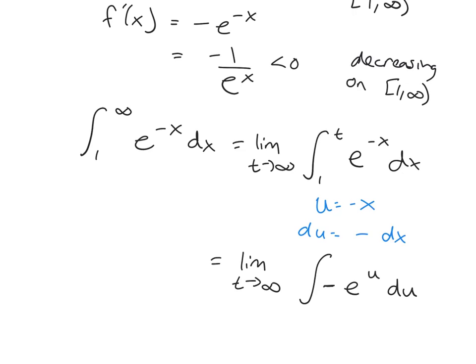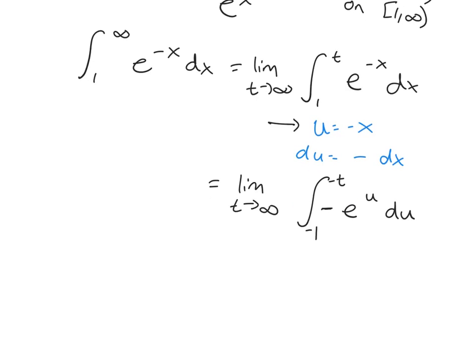So what are my new numbers? 1 becomes a negative 1. And then t becomes negative t. Okay? You're taking this substitution and you're plugging in these values 1 and t in place of x. So you get negative 1 and negative t.